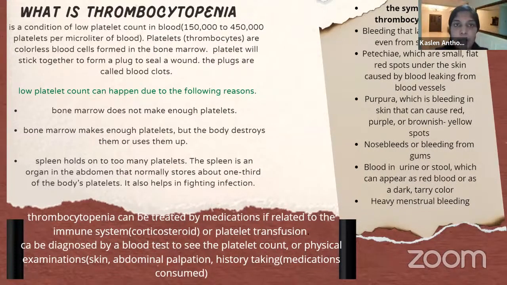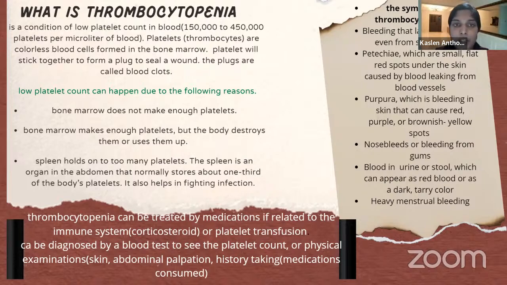So next is thrombocytopenia. What is thrombocytopenia? It's a condition of low platelet count in the blood, which is lower than 150,000 platelets per microliter of blood. The normal range of platelets in a normal person is 150,000 to 450,000.